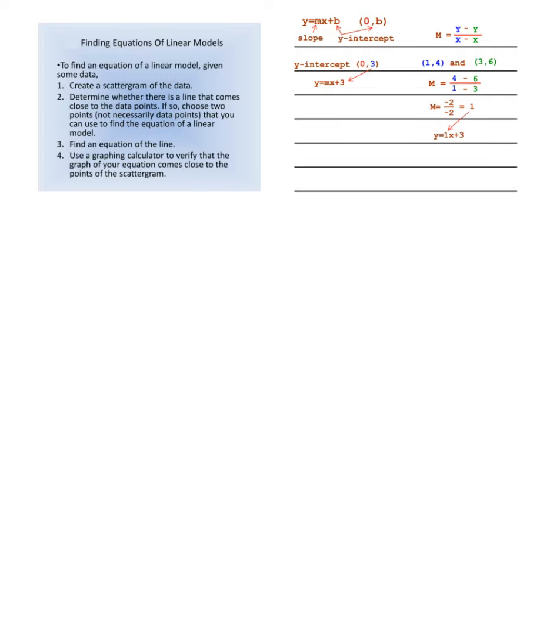Okay, so let's plug it into our equation from before. We had y equals mx plus 3, but now we have the slope. So now we can call it y equals 1x plus 3. Keep in mind, we always have a 1 whether we write it or not. So we could leave the 1 out, since in this case, just having an x tells us that we have 1x there.